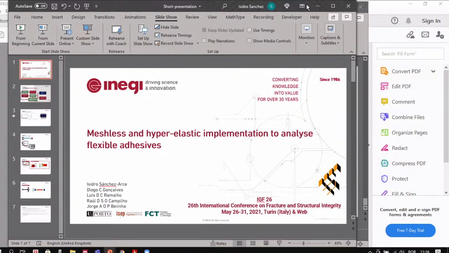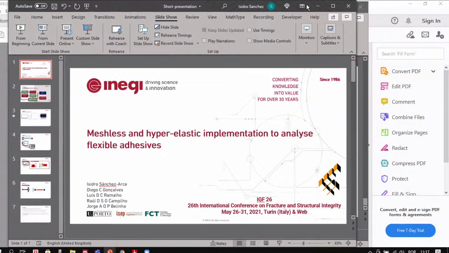Why implement hyperelastic models? As we have been presenting in the last three sessions, not all the adhesives have the same mechanical behavior. For example, there are brittle, there are ductile, tough.